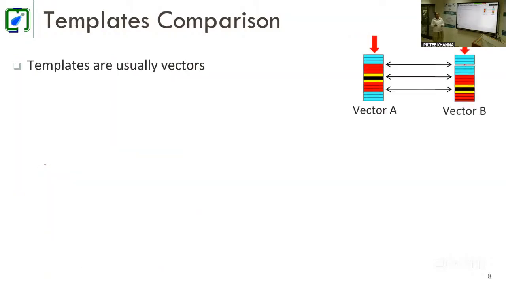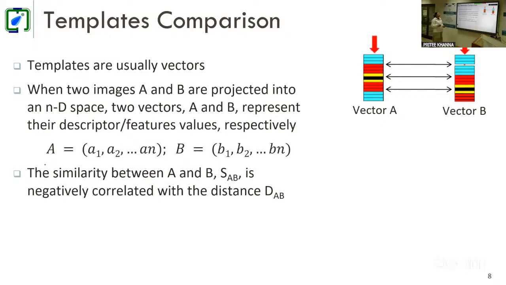Now, as I told you, templates are usually vectors. Here you can see this is your first vector A, and vector B. You can imagine that this is your stored template, and this is your template which you are giving in real time. When we are creating these two images, we get these two vectors, A and B, and these are my descriptors: descriptor A, descriptor B, and these are your features which we just showed you.